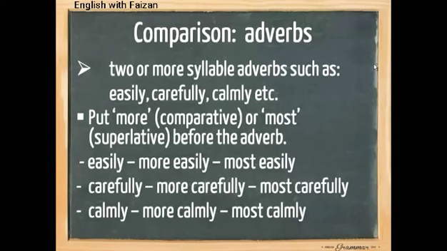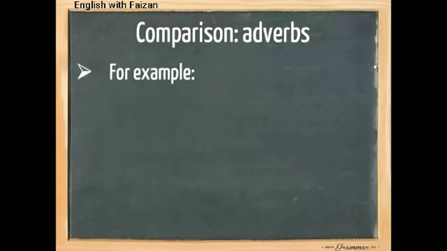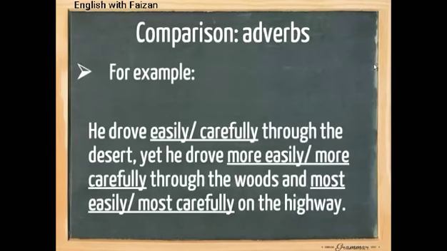Calmly, more calmly, most calmly. For example, he drove easily or carefully through the desert, yet he drove more easily or more carefully through the woods and most easily or most carefully on the highway.